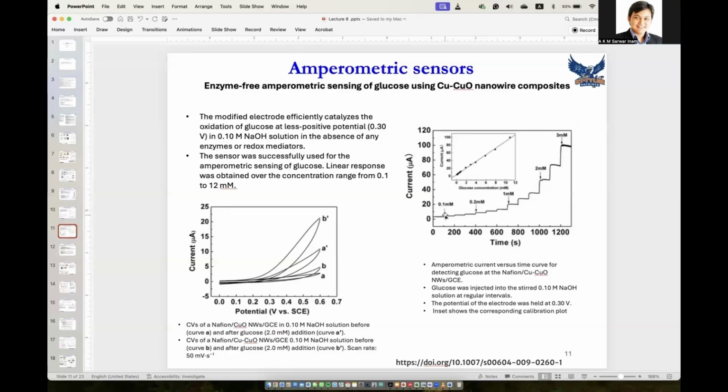At first it was 0.1 millimole, then 0.2 millimole, then 1, 2, 3 millimole. They're just increasing constantly, and the current is also increasing over time. Then they're getting the calibration curve using the different glucose concentrations in millimole versus the current in microampere.